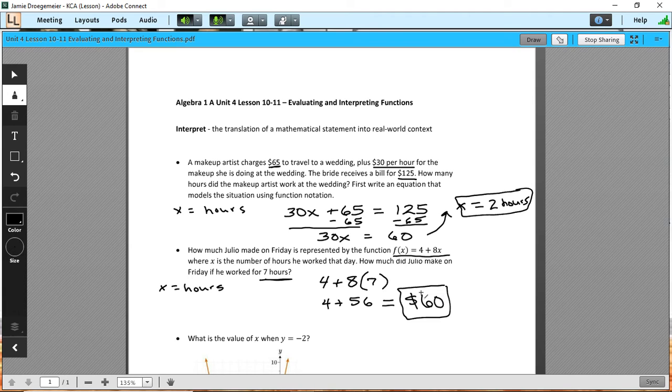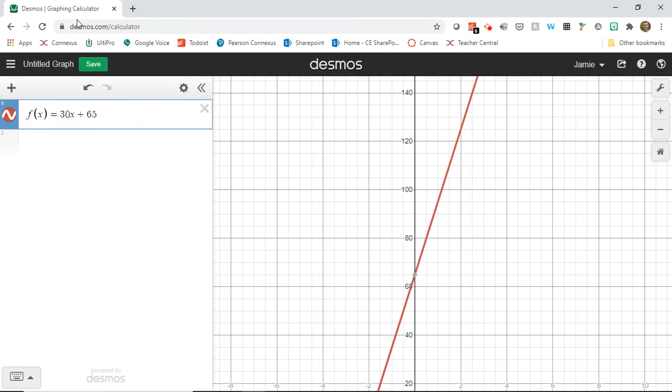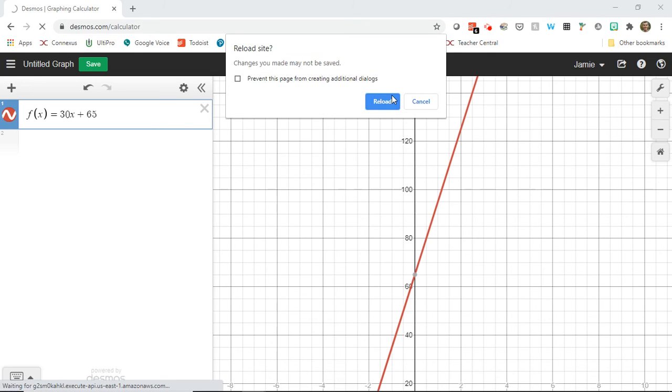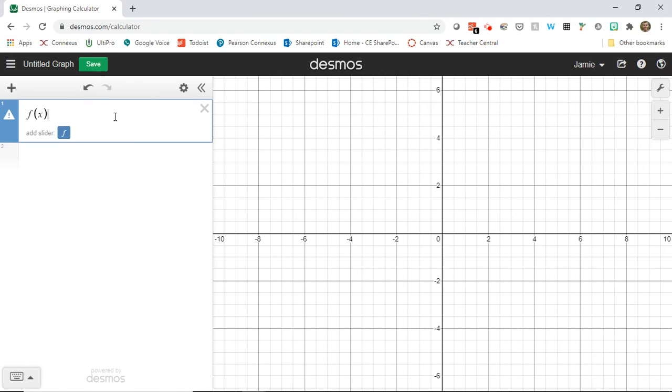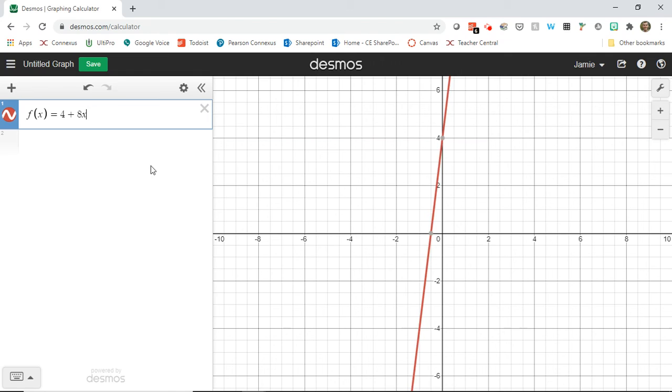And so again, we could use our Desmos calculator here again. If I put in that equation of 4 plus 8x, so let me clear that off. All right, so now our function is 4 plus 8x. We want to know if he worked 7 hours.